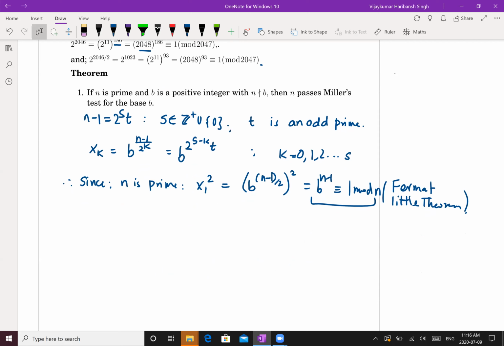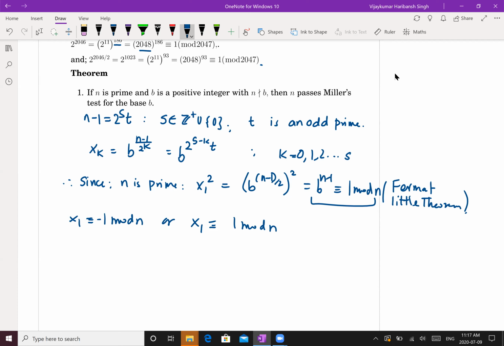So now, since n is prime, we have x1 is congruent to minus 1 mod n, or x1 is congruent to 1 mod n. So either one of these happens, all right?